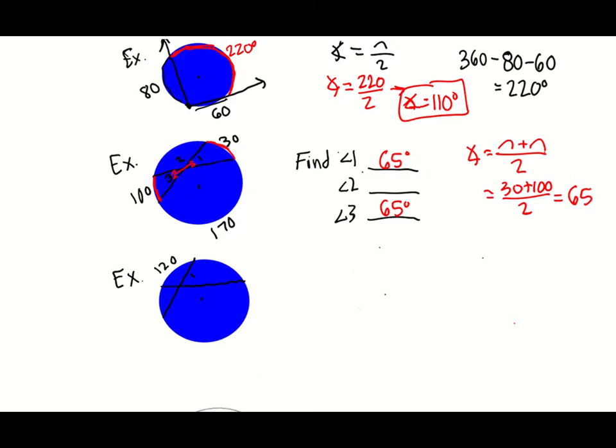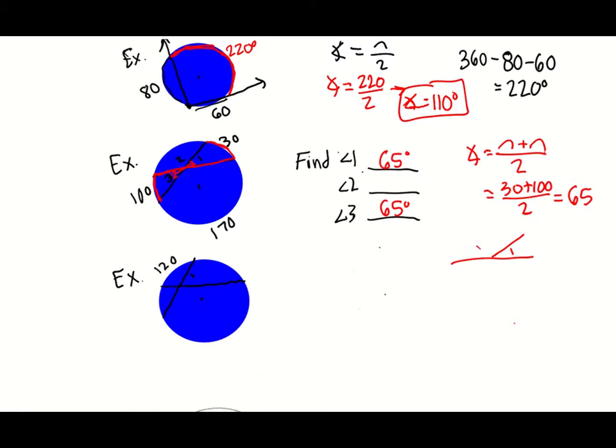Now to find out what angle 2 is, I can do it a few different ways. But the easiest way is if I look at angle 1 and angle 2 here, they make up a straight line.